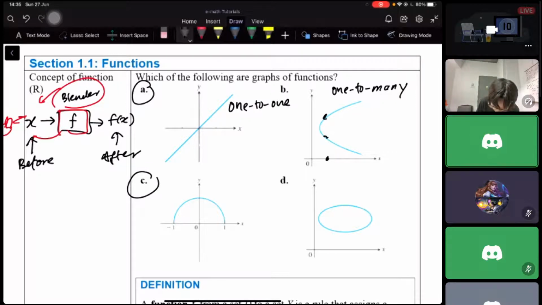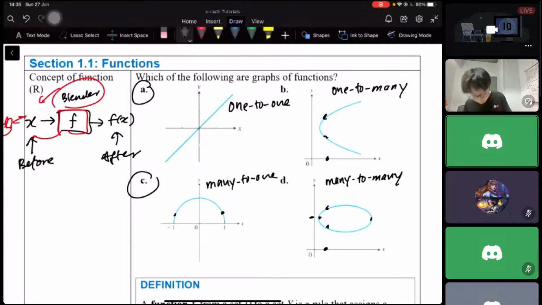For 2 x values, they can have the same y value. This is what we call many-to-1. And lastly, one x value can have two y values, and one y value can have two x values, which means this is a many-to-many relation.